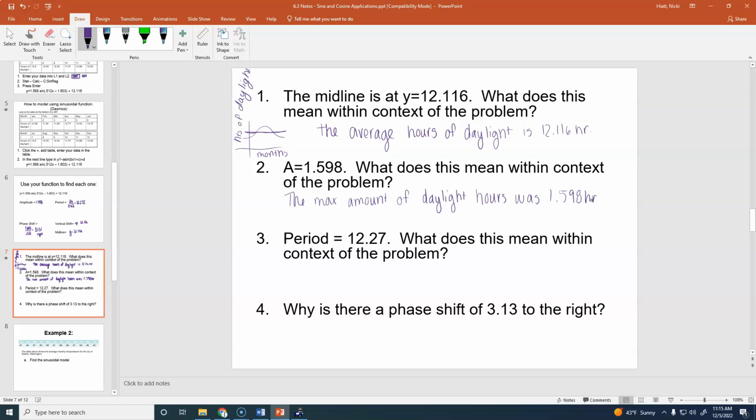So the maximum amount of daylight was 1.598 hours greater than average. The only time that your amplitude is your maximum is if your midline is on the axis and has not been moved, right? But in this case, our average, our midline, is higher. Does that make sense?